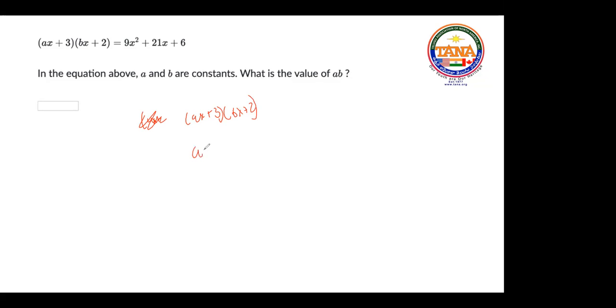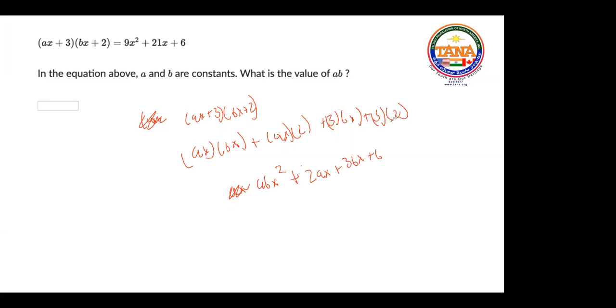So you have ax times bx plus ax times 2 plus 3 times bx plus 3 times 2. That's just FOILing. You have abx squared plus 2ax plus 3bx plus 6.